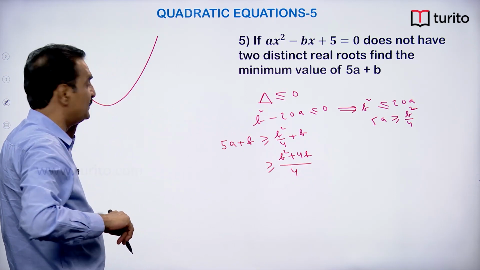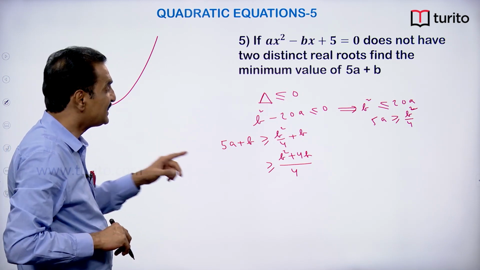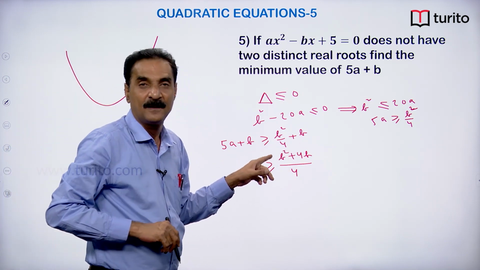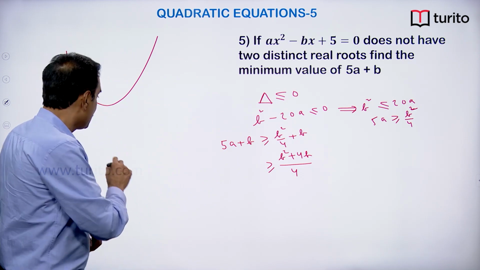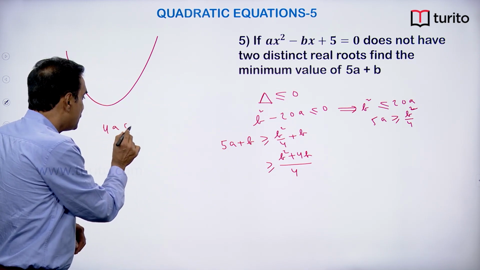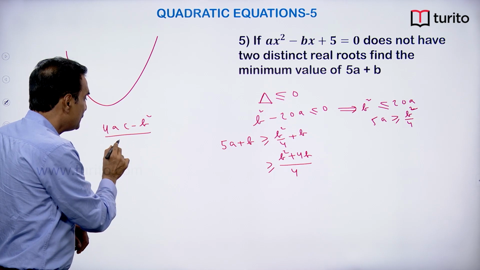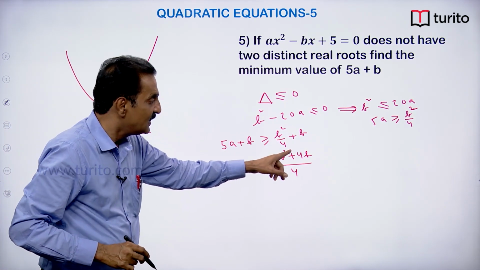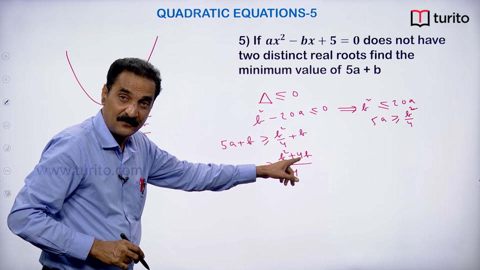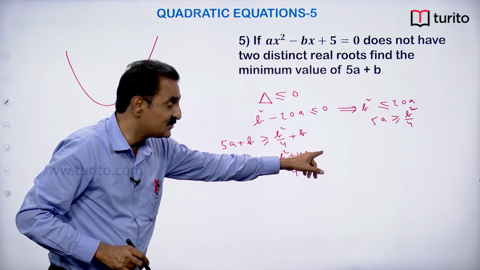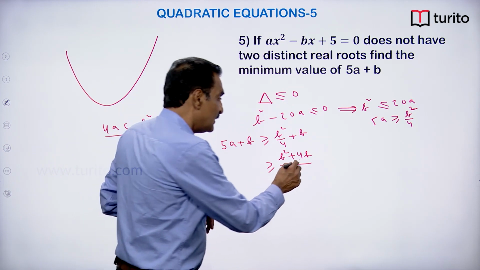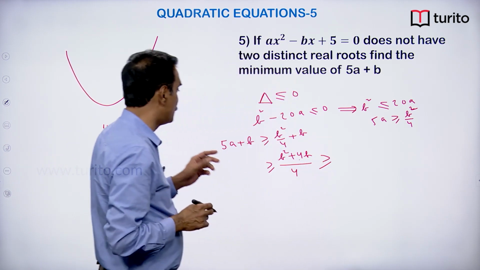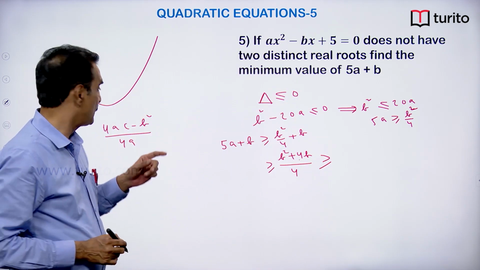It will have a minimum value. How to get the minimum value of this quadratic? You have to use the formula 4ac minus b square by 4a.